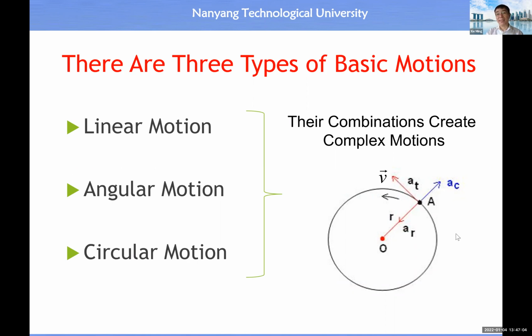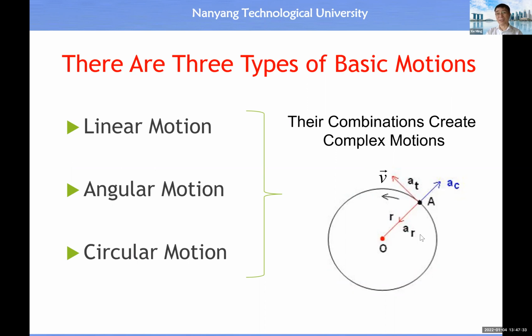And in practice, normal motion is a combination of these three types of motion. From this drawing, you will understand that when there is a circular velocity, automatically there is a radial acceleration pointing toward the center of rotation.